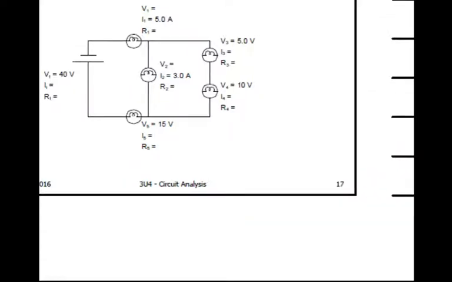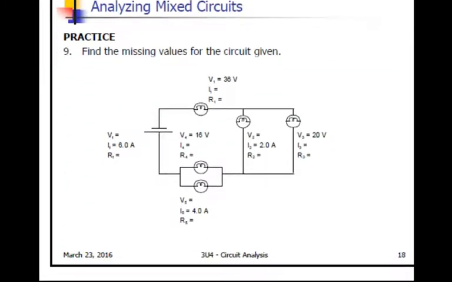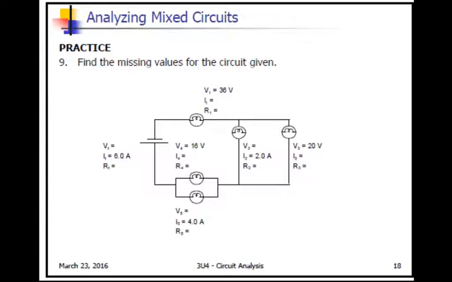Quite a bit of work, but not impossible. We're given another mixed circuit, and I'll go through this as well.